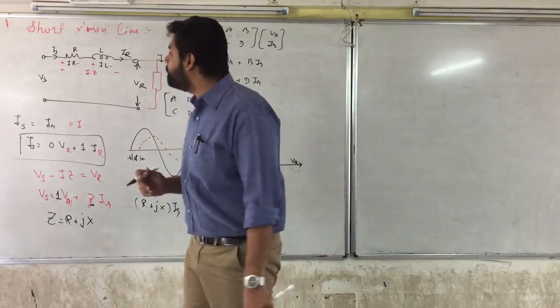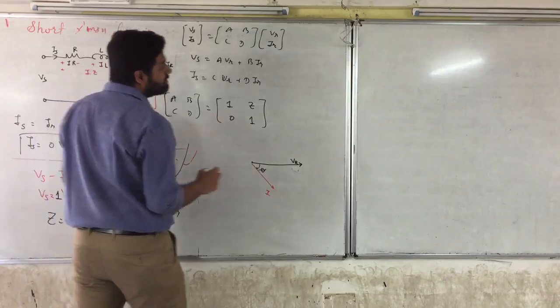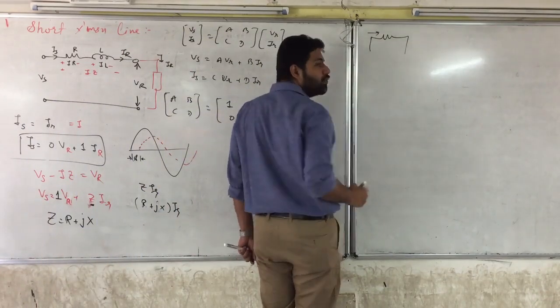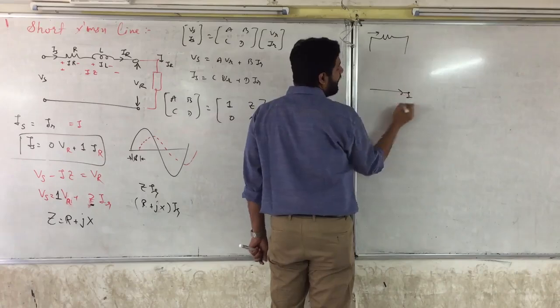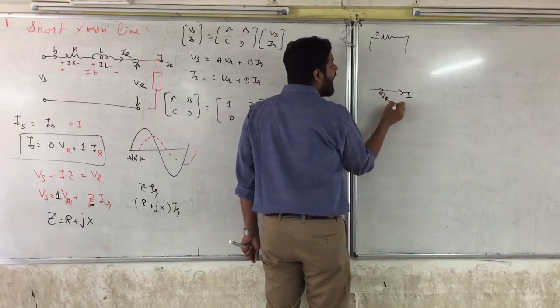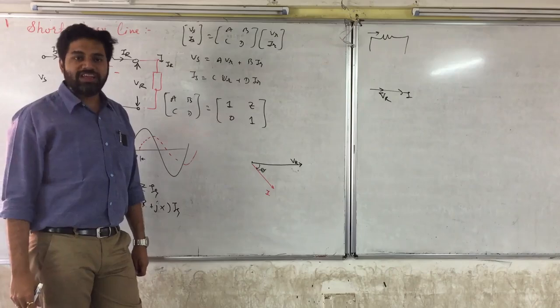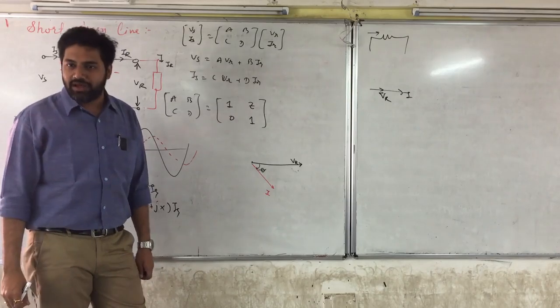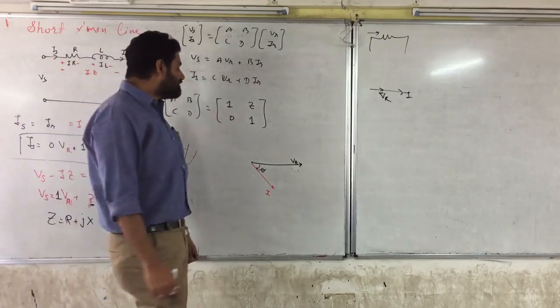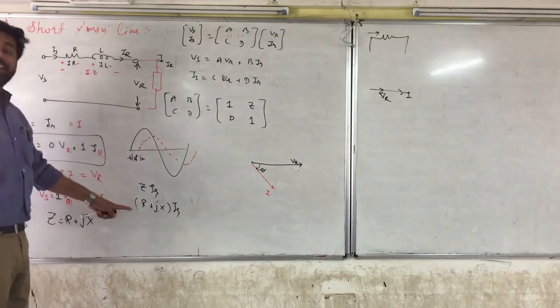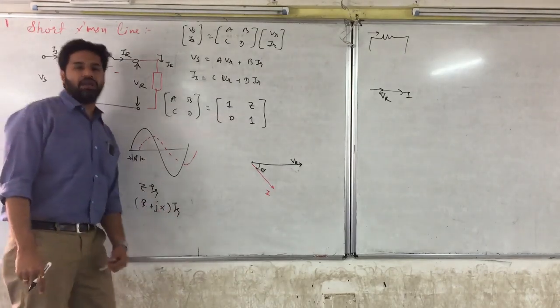We have studied it for a pure resistive circuit. If it is a circuit like this and I have some current in this direction, this is my current I, so VR is in the same direction. For a pure resistive circuit, voltage and current are in phase with each other. Yes or no? Fine. So we can say that IR multiplied by R is in phase with IR.